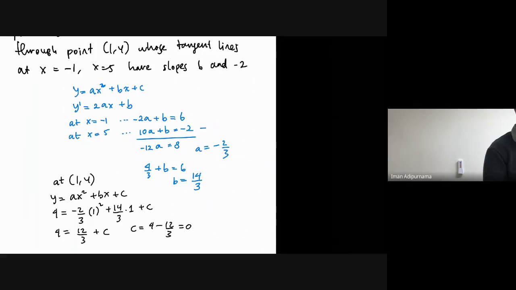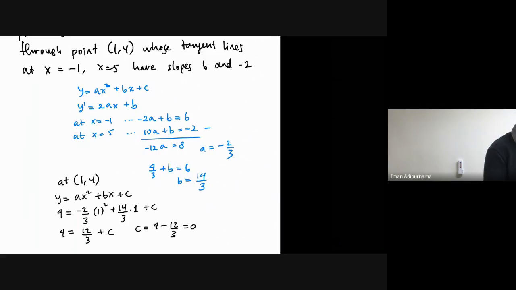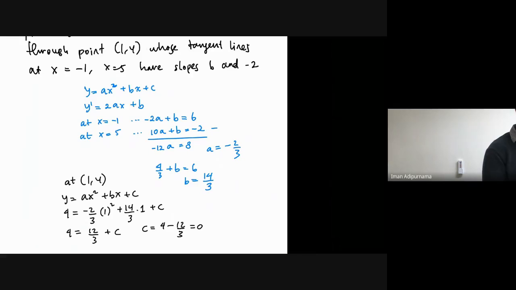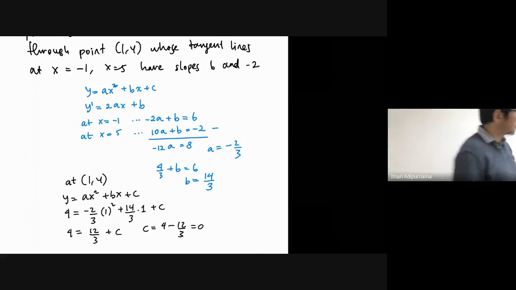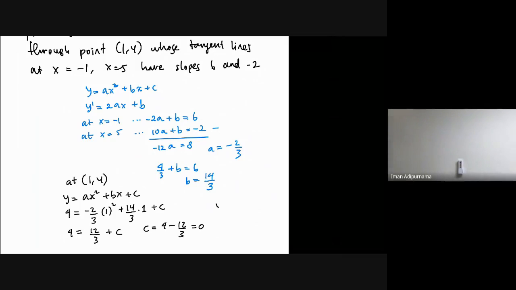So your equation is just -2/3 x squared plus 14/3 x.